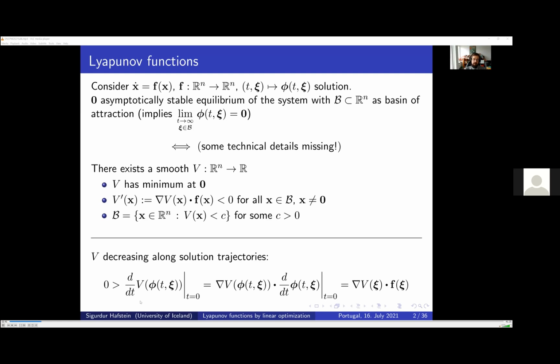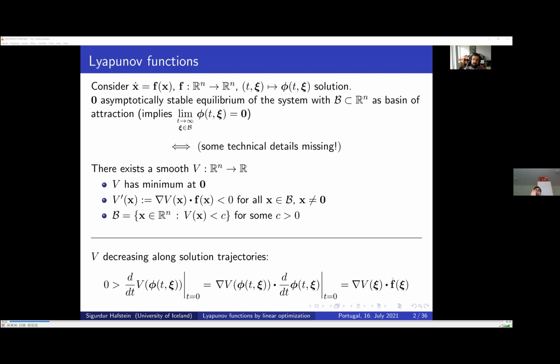So if you take the time derivative of V of phi at t, c, at time t equal to 0, then with the chain rule, we get this formula here. The trick of the Lyapunov function is that we just check this condition at every point c in a domain. And if it is less than 0 in the whole domain, then this function must be decreasing along all solution trajectories passing through the domain.